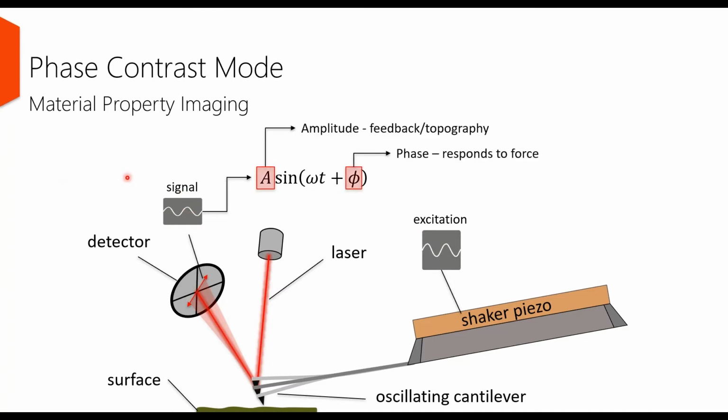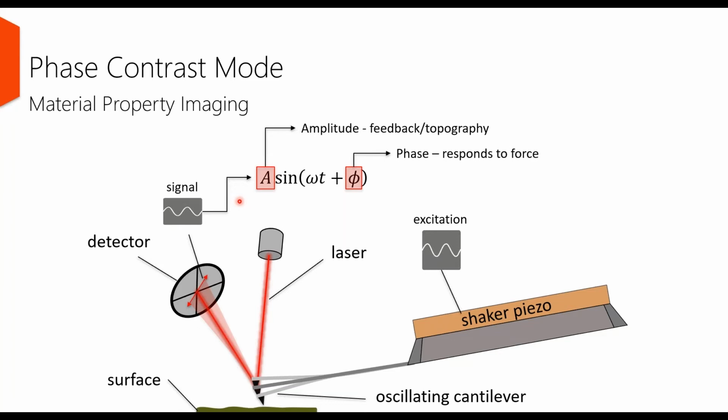We use the amplitude of the signal as the feedback, just as in tapping mode. And now the phase signal, the difference between these two, excitation and the signal, changes in relationship to the force that the tip feels on the surface.